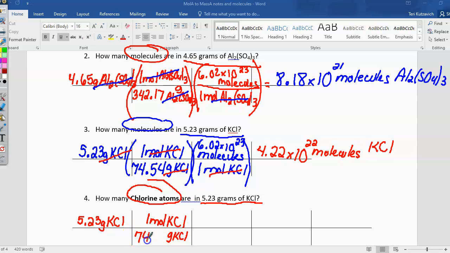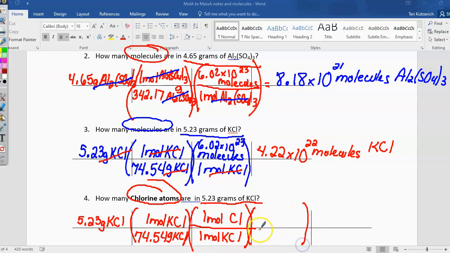The periodic table mass goes in front of the KCl. Now I'm being asked to find specifically just chlorine. So in order to cancel out my units correctly, I know 1 mole of KCl has to go on the bottom because that's what's up here. And I know that there's 1 Cl in 1 KCl.